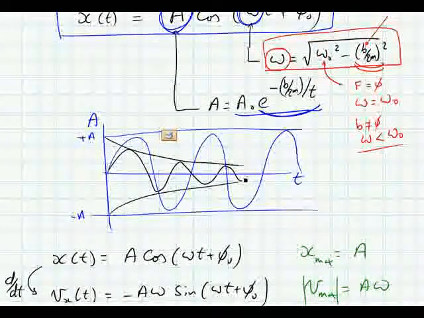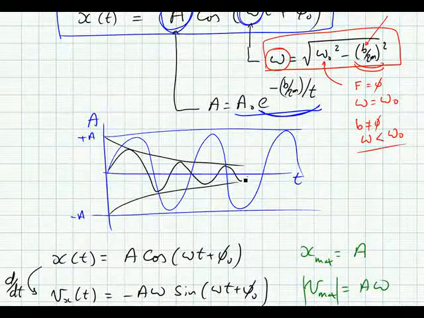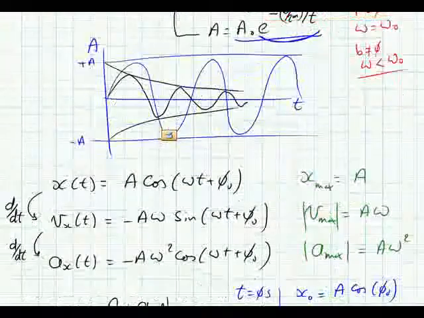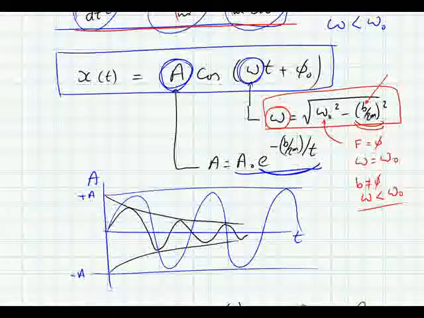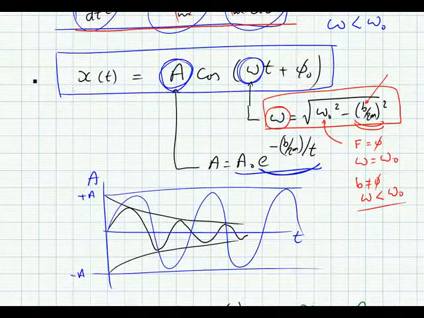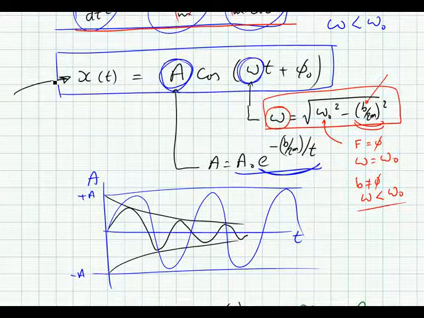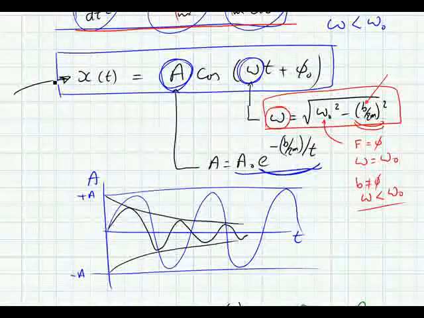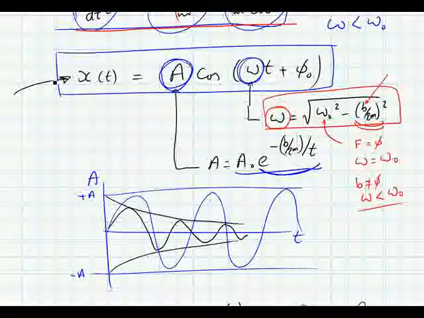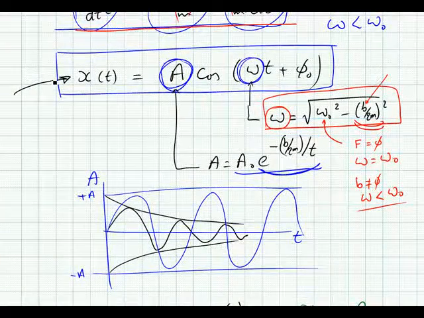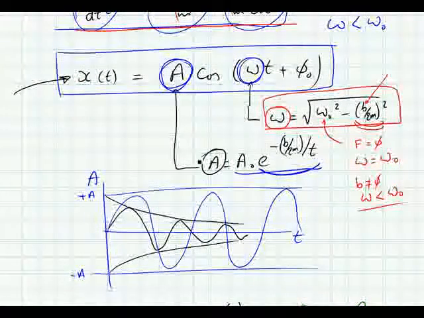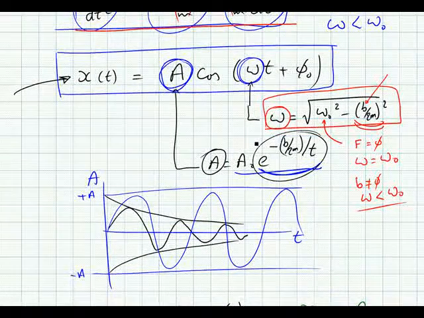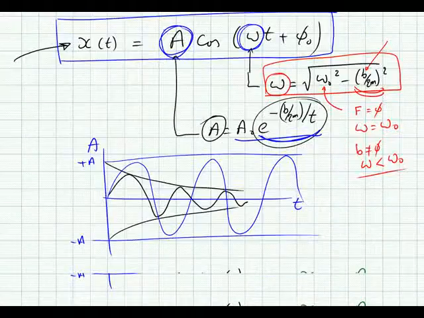Okay, so eventually the amplitude will get smaller and smaller, closer to zero. The important thing to note though is that the position versus time equation for an oscillator with damping still describes a simple harmonic motion, but one where the amplitude has an exponential decay term to it.